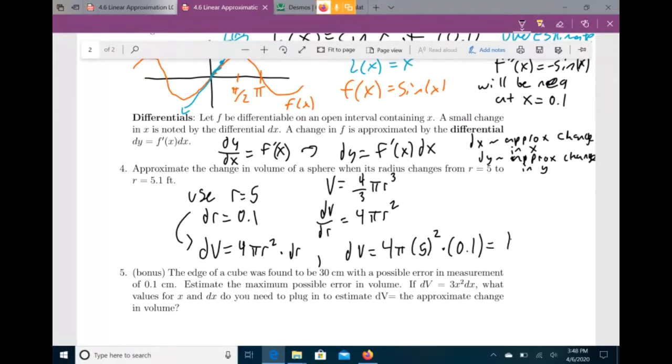So this ends up being 4 pi times 25 times 0.1, which is just 10 pi. 4 times 25 is 100, times 0.1 is the same thing as dividing by 10. So 100 over 10 is just 10.